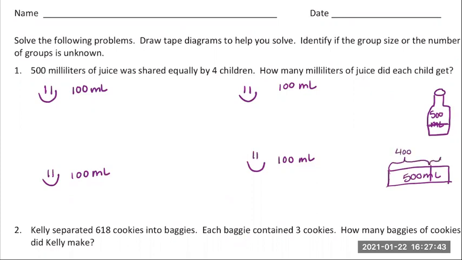And then here we have 100 left, right? There's 100 left after our 400 we've given out. So in our bottle, we can shade this 100 we have left. So we have 100 milliliters of juice.